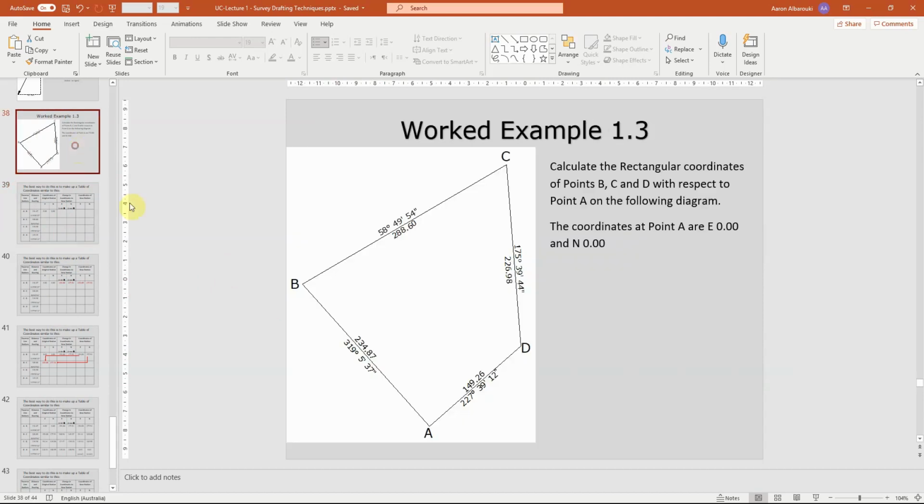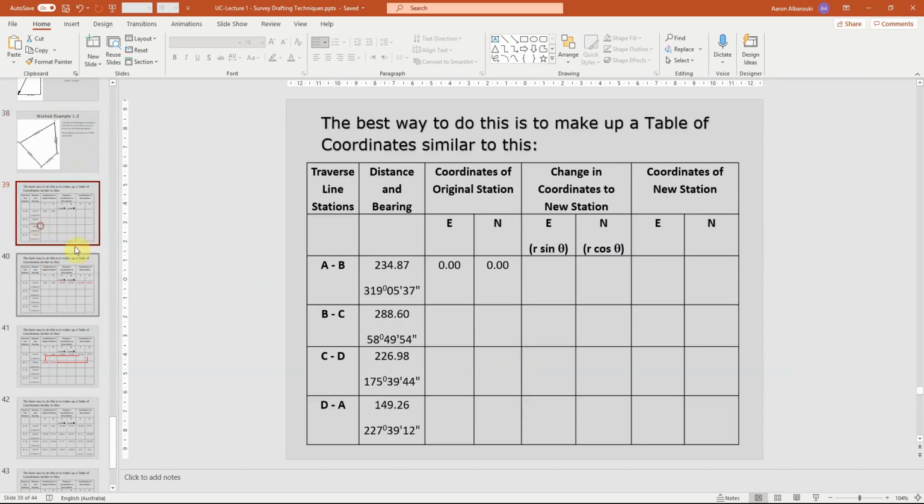So this is the traverse here, and we gave you the length and polar coordinates, or the bearing angle, for each one of these lines between A and B, B and C, C and D, D and A. And we are telling you point A has rectangular coordinates of northing and easting of 0, 0. How can I find the other rectangular coordinates manually on paper?